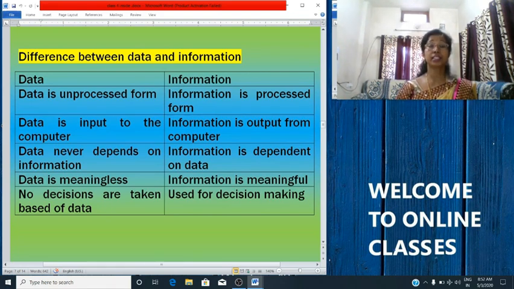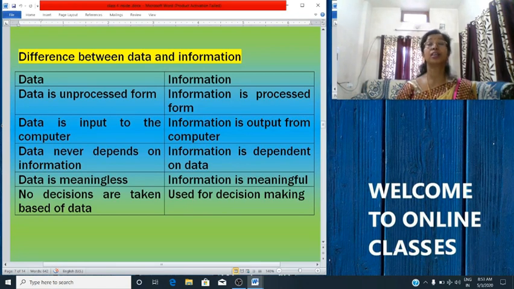Data is meaningless because it is just raw facts and figures, unorganized facts and figures. But information is meaningful because information we get after processing as per the requirement. So it is meaningful. No decisions are taken based on data because it is a collection of unorganized facts. But decisions can be taken using the information.